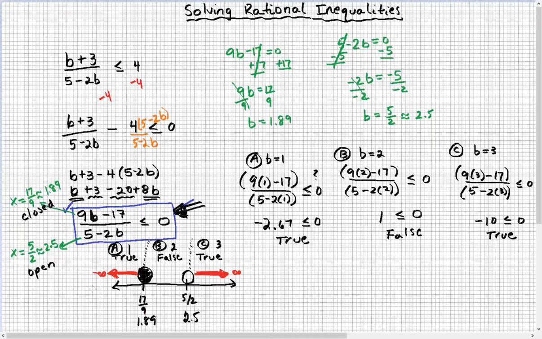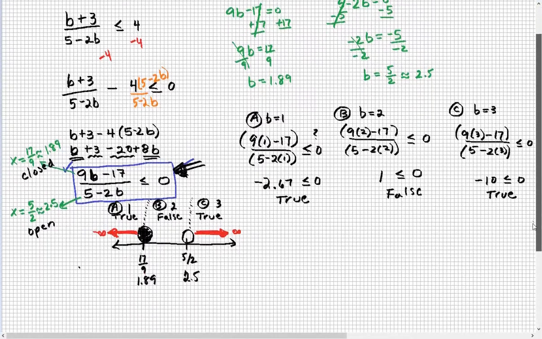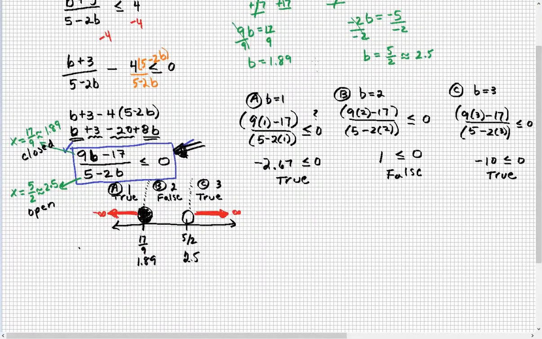So your notation for this one is going to be: negative infinity, comma, 17 over 9. Infinity gets a parenthesis. This is a closed circle, so it gets a bracket.